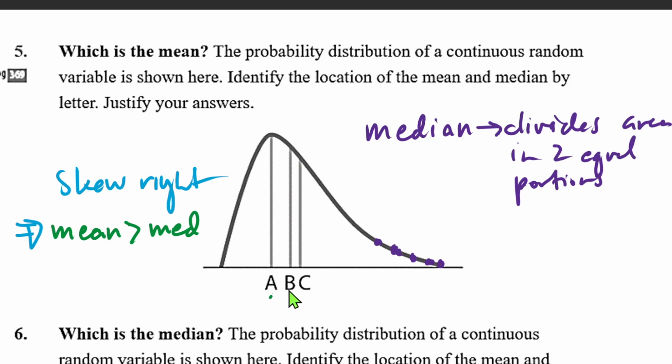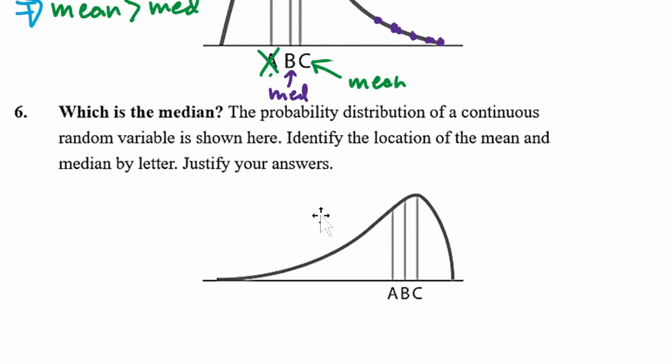Now, the median could be B or C. So A is nothing. The mean is greater than the median, so the median is B and the mean is C, because the mean had to be greater than the median since it's skewed right. Hope you can do this one.